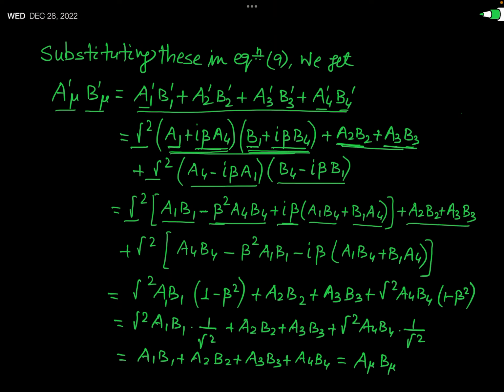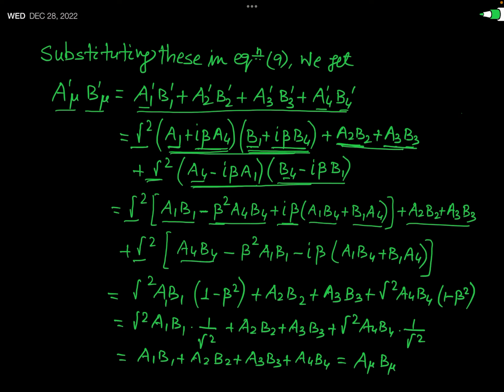Okay. Now see the last term. Here there is gamma square at each. And we will now take the product of A4 minus iβA1 and B4 minus iβB1. So let us see. This will be A4 times B4. I have written it here, you can see.